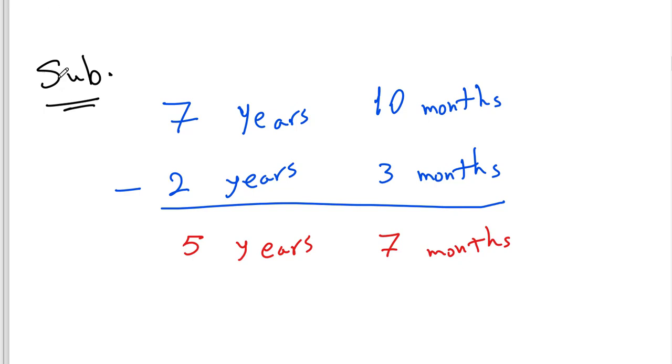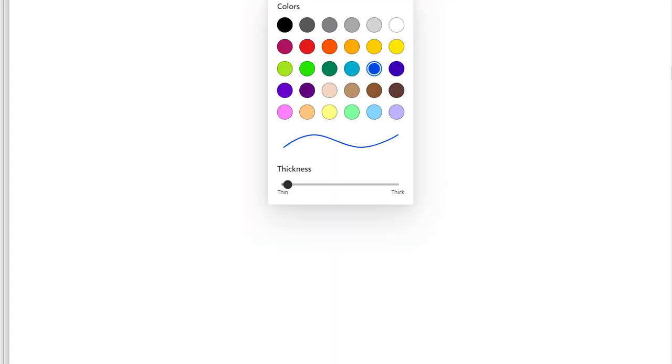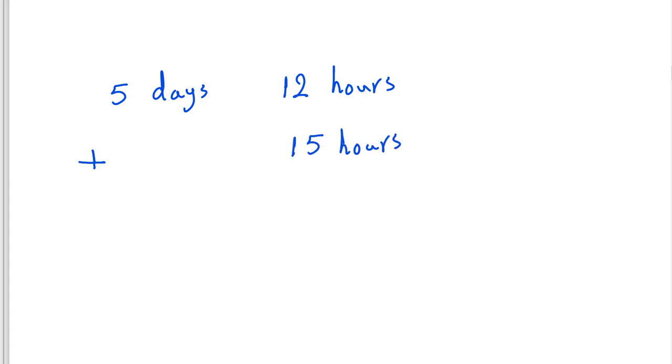Okay, let's see another example. And here I will write the question, and I will wait for you to answer it. So when you see the question, please answer it quickly so you can give me the answer quickly. 5 days, 12 hours, plus, let's make it plus, this is 15 hours, and I don't have any days.